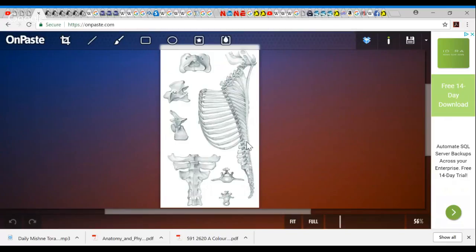And then we have the six lumbar vertebrae, which you can see here, 1, 2, 3, 4, 5, 6, that all have these smaller sila'ot. And then even the first two sacral vertebrae also have a small sela.